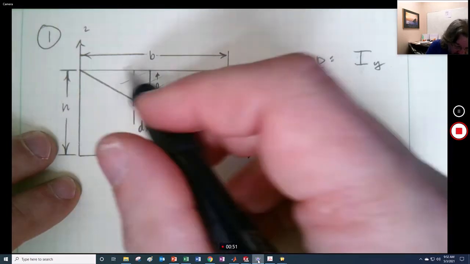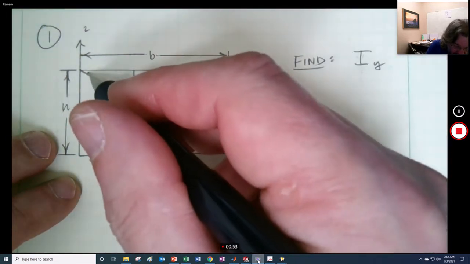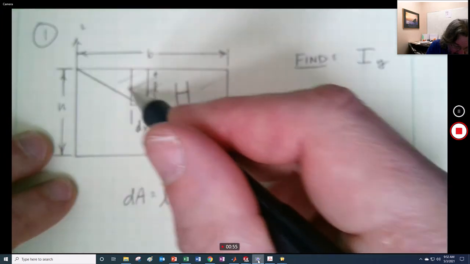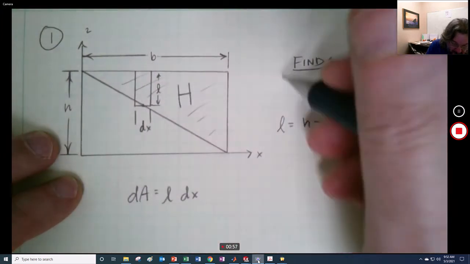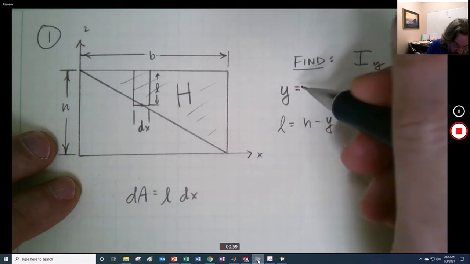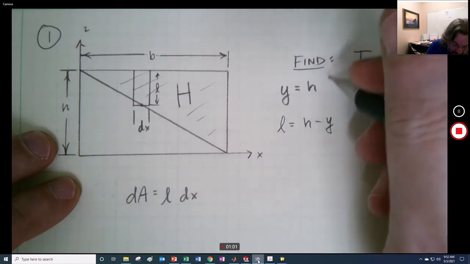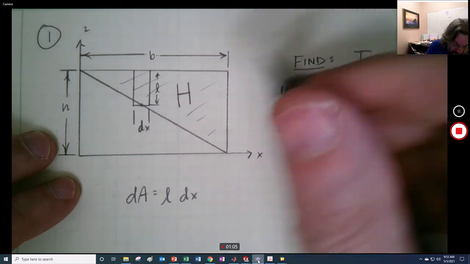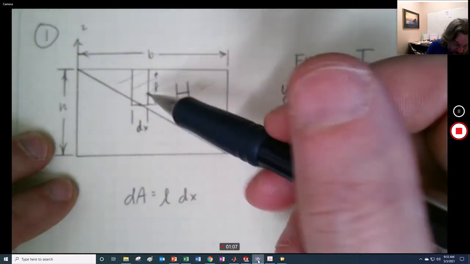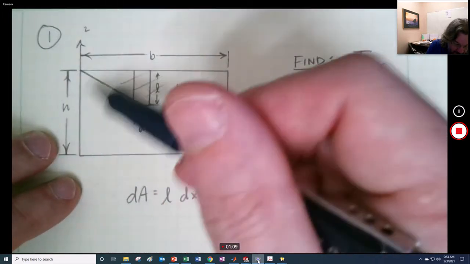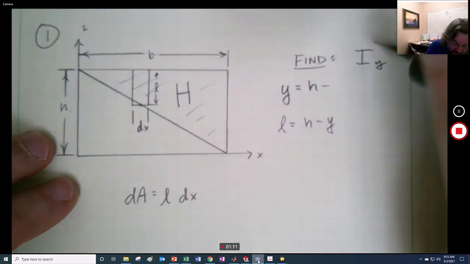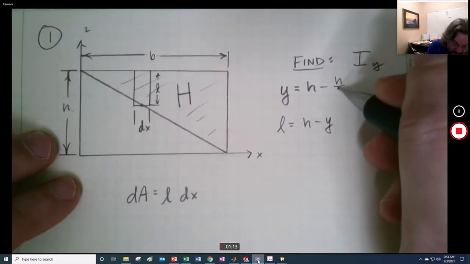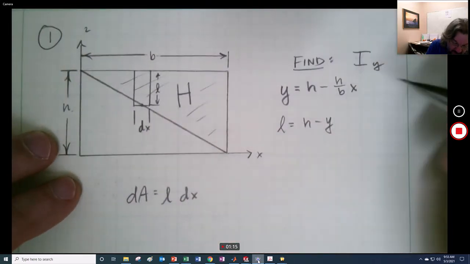Well, first off, let's get an equation for y. So we start off at h and we go downwards. So the equation for y is going to be h, you could think of that as our y-intercept, minus our slope, which is h over b, rise over run. So h over b times x.